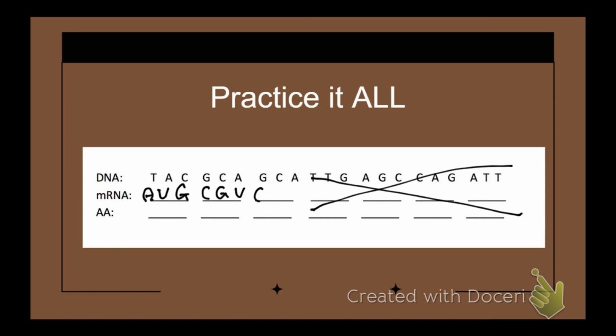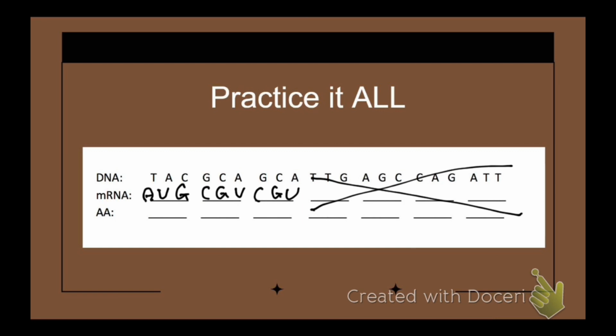What pairs with C? And what pairs with A? Awesome. So you just wrote the mRNA strand. Now we need to translate this mRNA strand into amino acids.